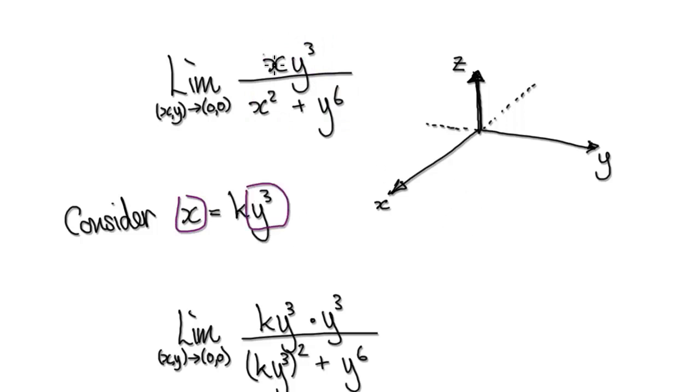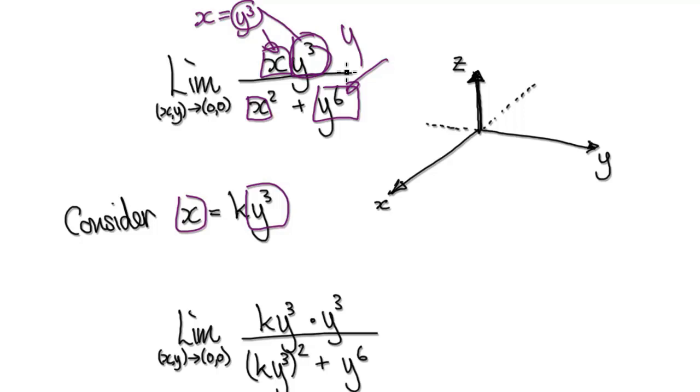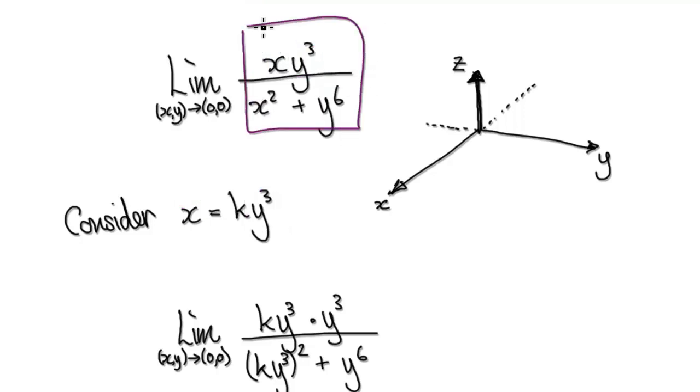Over time you will develop your own technique of glancing at this. You look at this, this is y to the power of 6, you've got y to the power of 3, so consider approaching it in a manner of x equals y to the power of 3. So y to the power of 3 and this y to the power of 3 will give you y to the power of 6. So after a while you will develop your own technique of glancing at this.